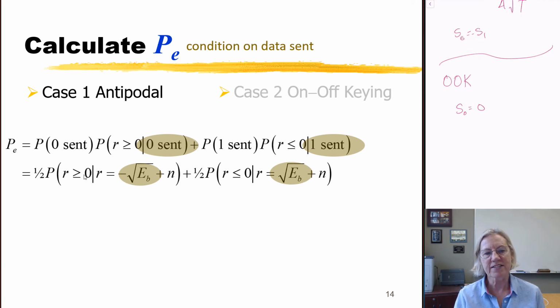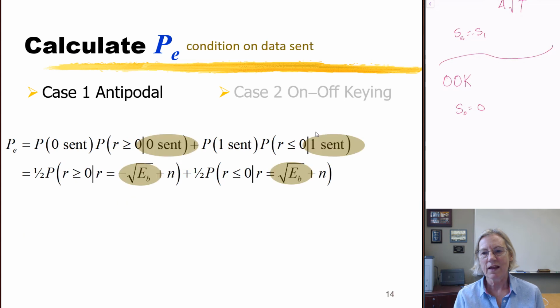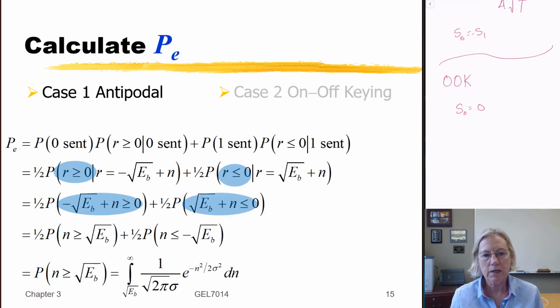So here I want to see R greater than 0, what that means, and here I can write it in terms of what was sent. If a 1 was sent, then we know that R is going to be the square root of EB plus N. Okay, so now I see the conditions. I say the condition was 0 sent, and now I turn that into what that means about the received vector.